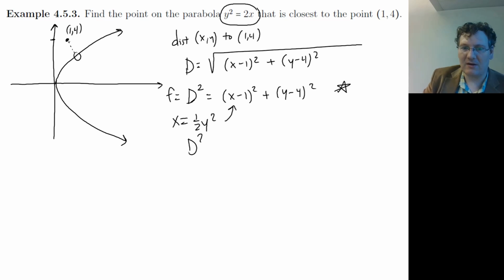So d squared, let's call this now f of y, is 1/2 y squared, or I guess I could write y squared over 2, minus 1 squared plus y minus 4 squared.